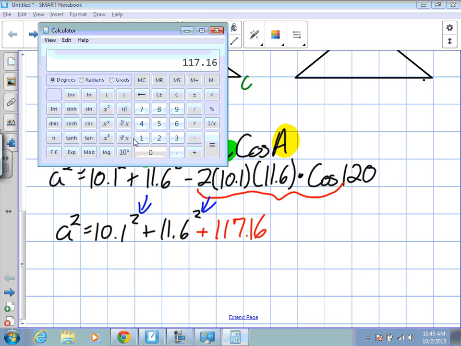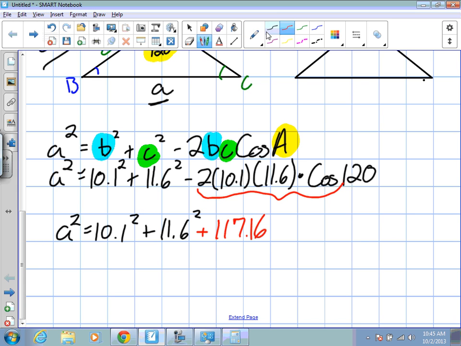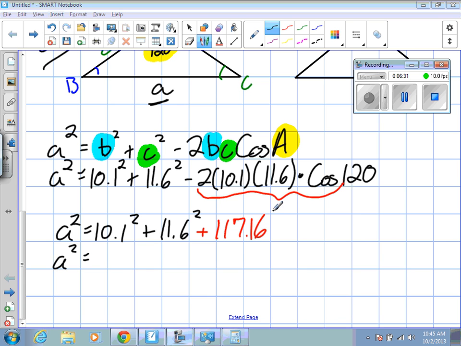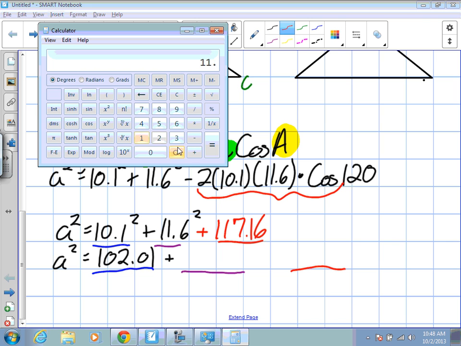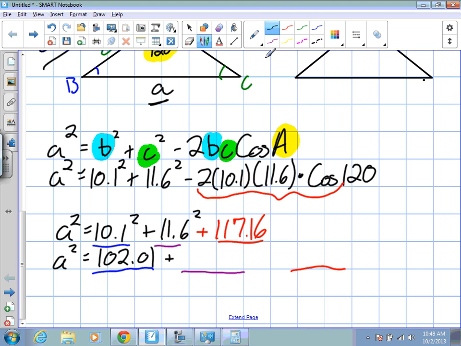So 10.1 squared is 102.01. 11.6 squared gives us 134.56. And we bring down the 117.16. This just becomes simple addition.